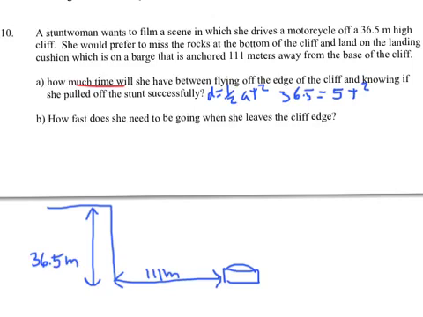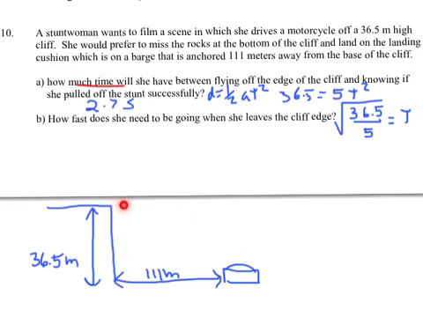So what I have to do then is say 36.5 divided by 5 equals t squared, but I don't want to know what t squared is, so I have to take the square root of both sides. And when I take the square root of that, that's going to give me 2.7 seconds. 2.7 seconds is how long it's going to take her to get from here to here, or at least from here to here. Hopefully she'll end up over here.